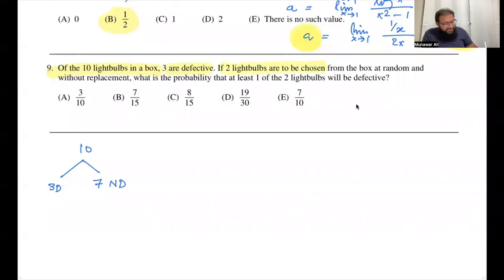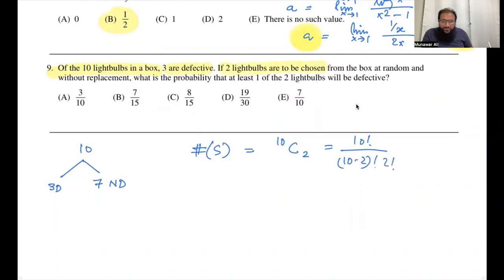So the total number of sample points in the sample space is going to be 10 choose 2, because you have 10 and you are going to choose 2 out of that. Using the formula of combination, 10 factorial over 10 minus 2 factorial and 2 factorial.